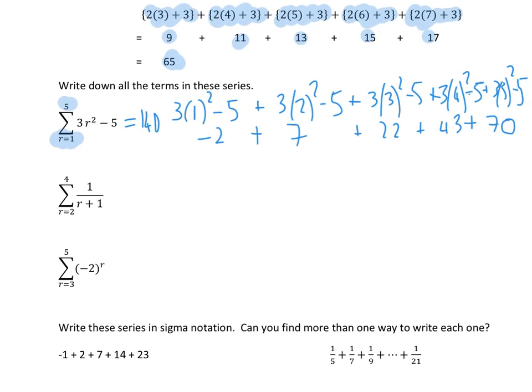Okay, next one. So again, we're using the letter r. We tend to use the letter r, but it doesn't have to be r. We're starting with 2 and going up to 4. I'm going to sub in 2. I'm going to sub in 3. I'm going to sub in 4. Then I'm going to add them together, so I get a third, add 1 over 4, add 1 over 5.